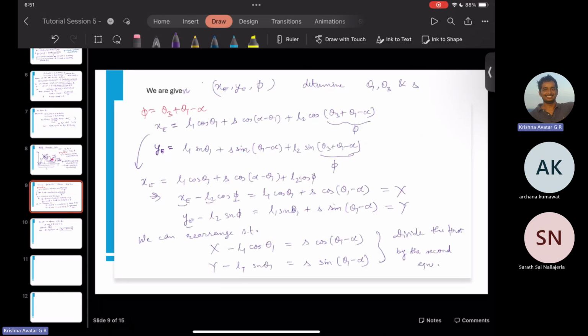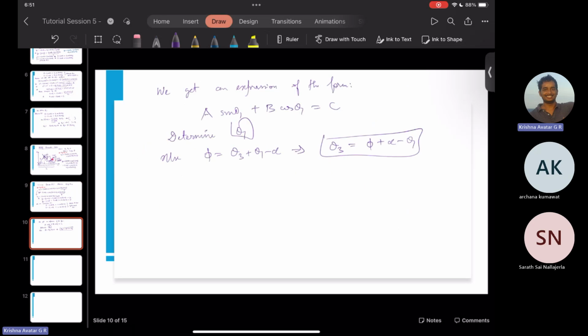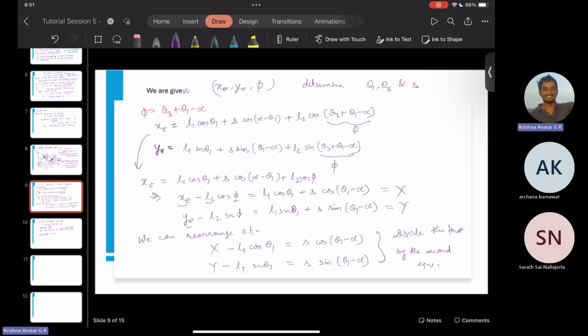So we have theta 1 and theta 3 obtained. Now for S, we will use the Pythagoras theorem, so to speak. We have X minus L1 cosine theta 1 whole squared plus Y minus L1 sine theta 1 whole squared is equal to S squared, right?